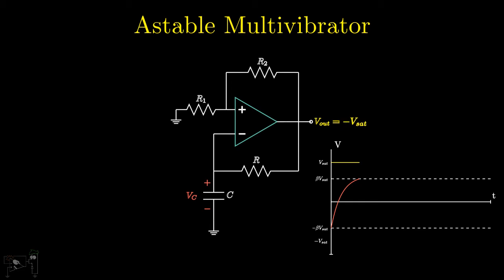Now once this happens, the capacitor starts discharging exponentially towards minus Vsat. Once it reaches minus beta Vsat and exceeds a bit, VID becomes positive and the output switches back to plus Vsat. This goes on indefinitely.